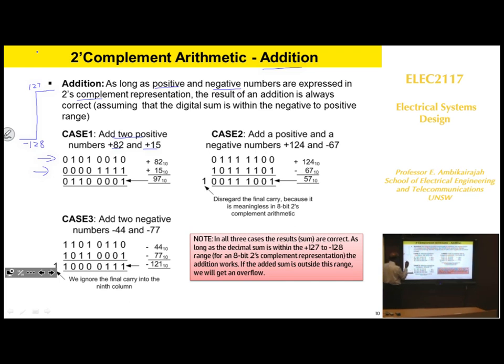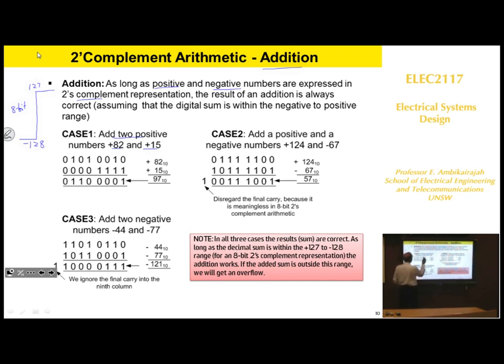Remember, for a 4-bit arithmetic, the positive number is plus 7, the negative number, the least, is minus 8. That's what we had earlier, and this is for 4-bit arithmetic. For 8-bit arithmetic, that's your 2's complement range. So when you do an 8-bit addition, everything should be within the range. If it's within the range, you will have the answer, no problem.